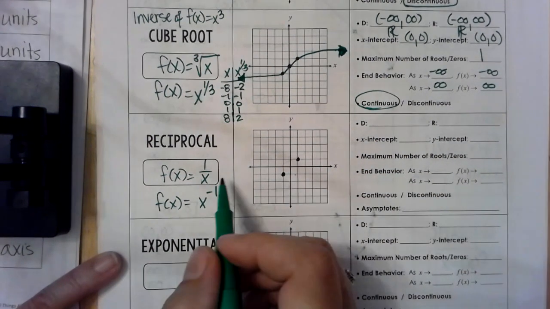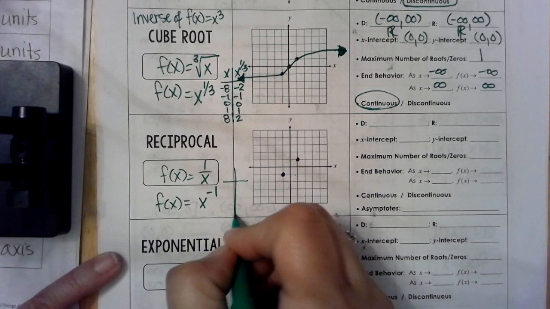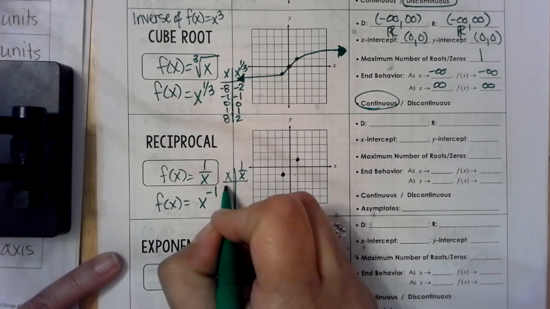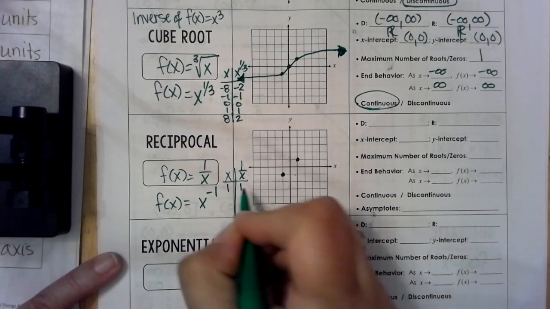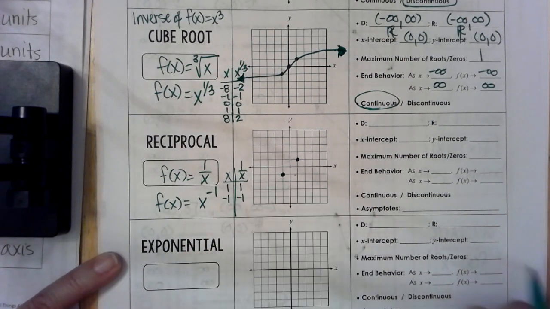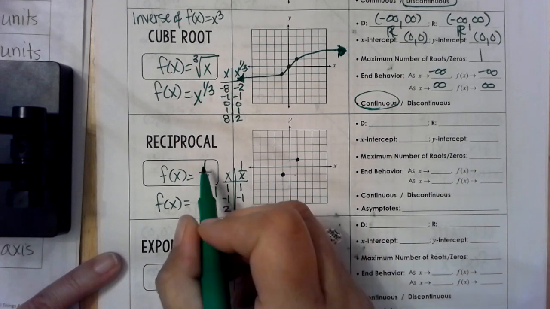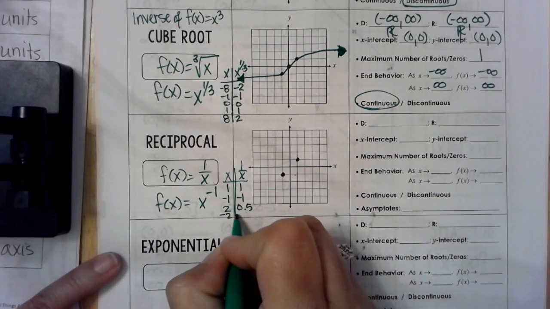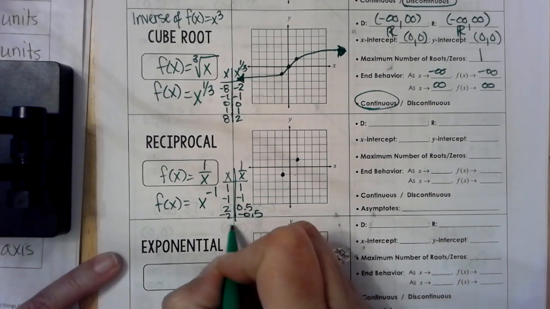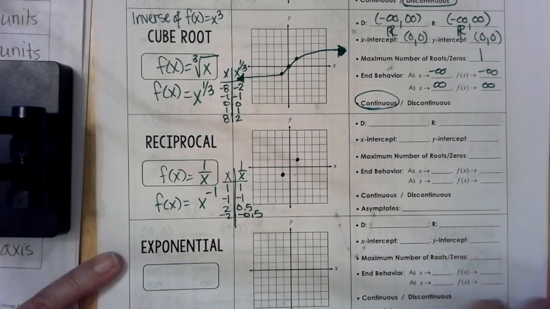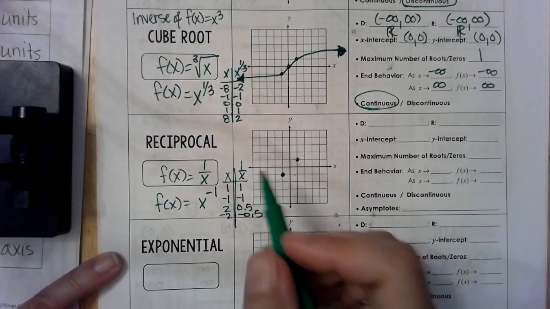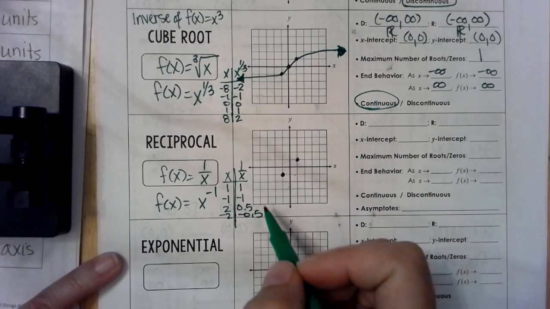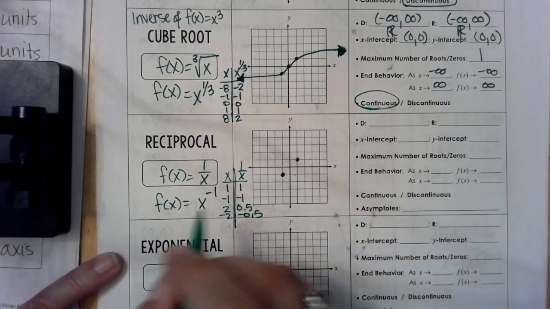Now continue, think about it. As I put x in, 1 divided by x, putting in 1 gets me 1, putting in -1 gets me -1. But let's say I put 2 in. 1 divided by 2 is 0.5. -2 gets me -0.5. And as I keep putting in bigger numbers like 3, 4, 5, these decimals are going to get closer and closer to 0, but they never reach 0.